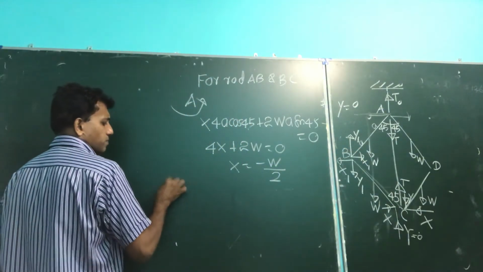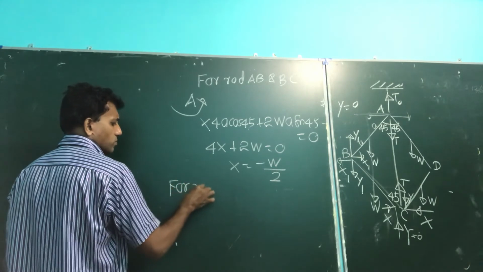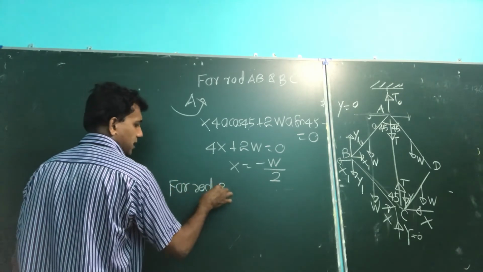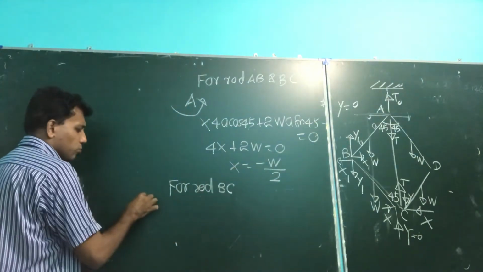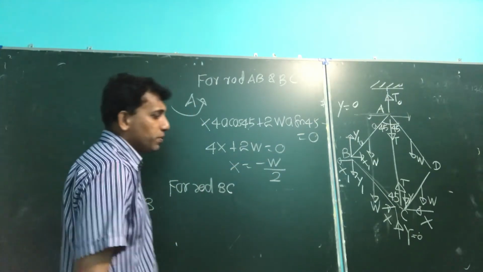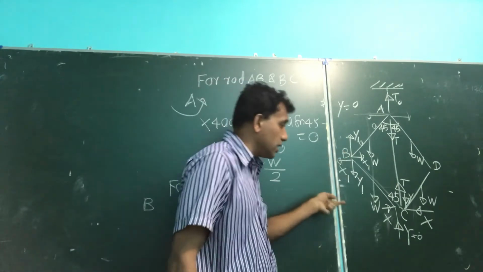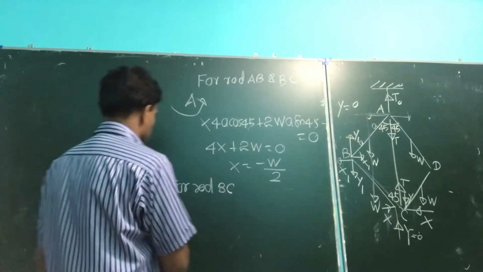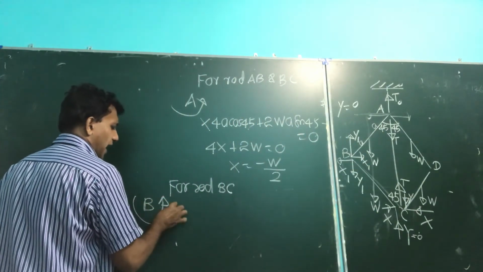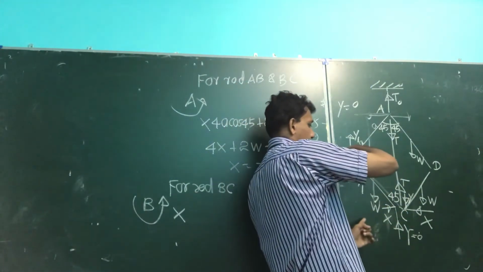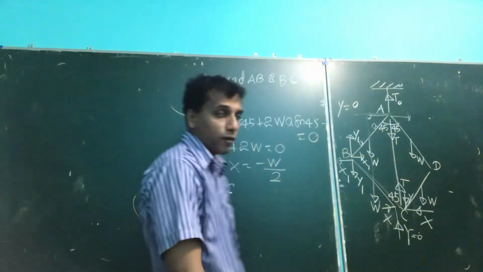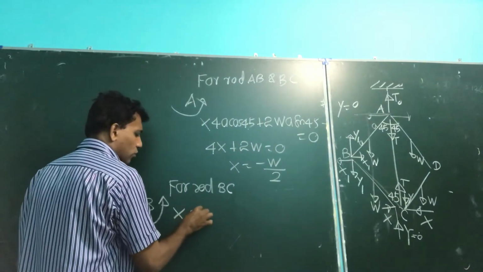For rod BC, take moments about B, this direction. X into, what is that? 2a cos 45, right?